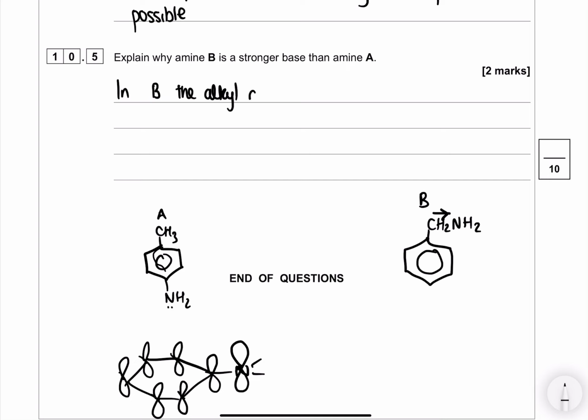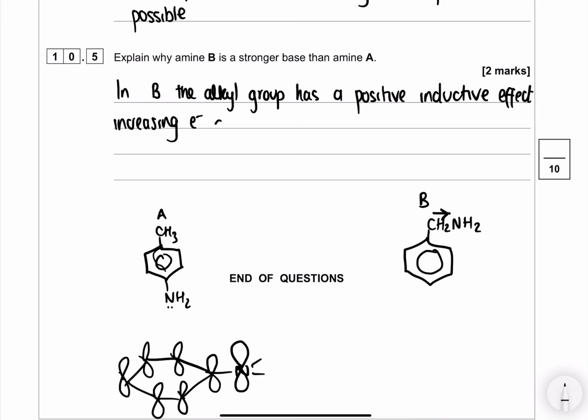So in B, the alkyl group has a positive inductive effect, increasing electron density on nitrogen, making it more available to accept H+.